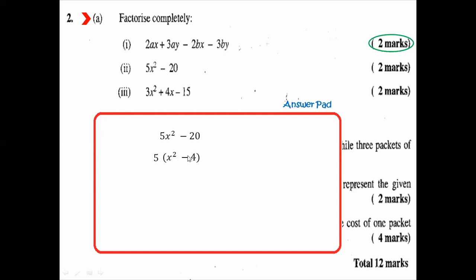Right, now for this one, as I said, it's a special case. The remainder here in the bracket, x squared minus 4, right? It's factorizing a difference of squares. Now, x squared and 4 are square numbers, meaning if you multiply x by itself, we get x squared, and if you multiply 2 by itself, we get 4.